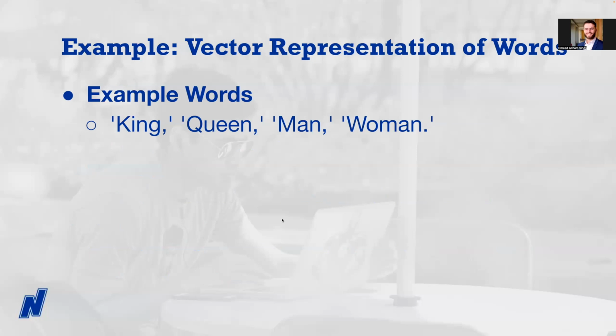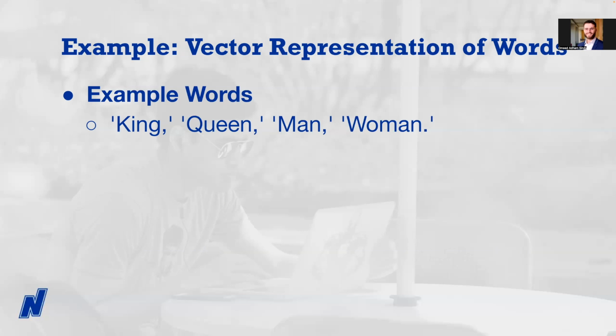Next, let's jump into an example. Let's visualize how this works with a simple example. Imagine a 2D space where we plot the vectors for the words king, queen, man, and woman. In a vector space model, words like king and queen will be plotted close to each other because they share many semantic traits. They both refer to royalty, have a gender distinction, and represent people in positions of power.